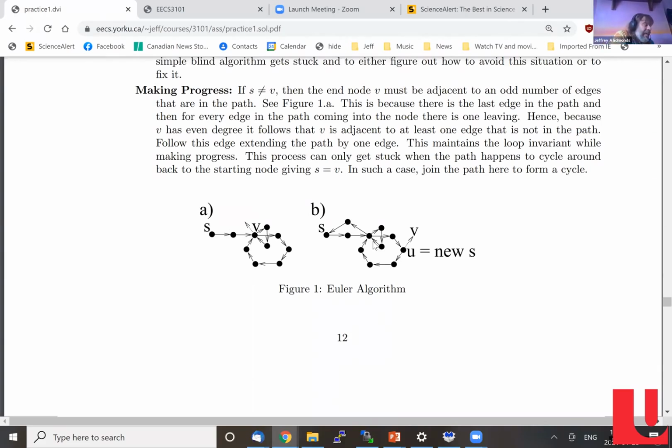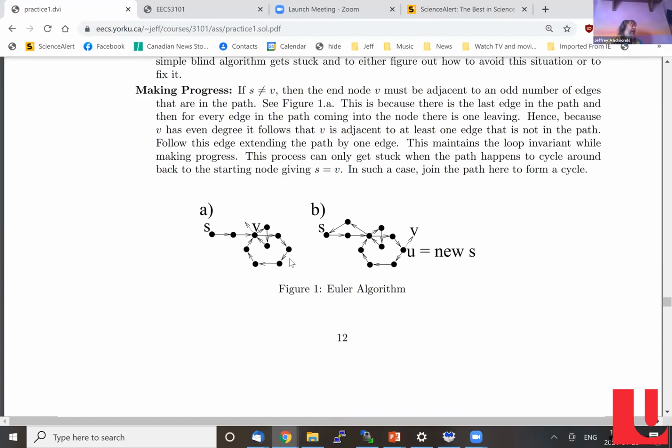But if you're ending at V, then the number of edges you've used is odd, because not only did you come in and leave a few times, but you came in and you're there, right? You didn't start there. Now, in fact, S is going to be odd because you started there and you left, right? That's one edge. And then you came and you left and you came and you left.